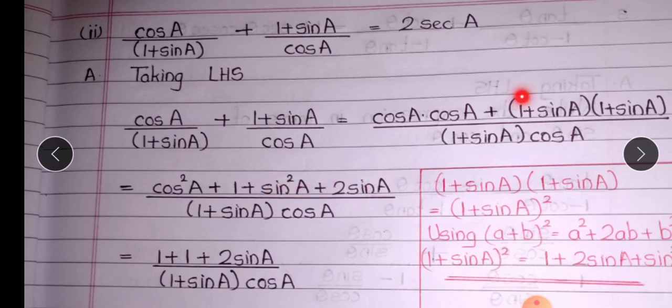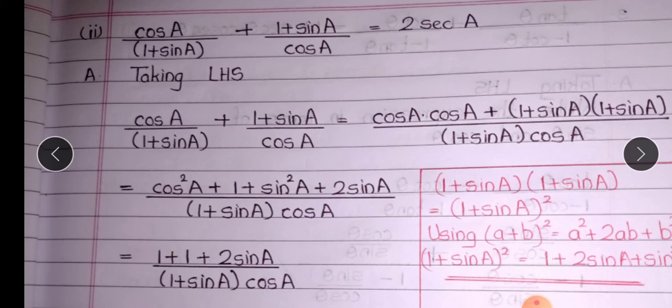Don't get confused by jumping from this step to this step. I have used (A plus B) the whole square is equal to A square plus 2AB plus B square. Now, can you see cos square A plus sin square A? Yes. What is the identity used here? Cos square A plus sin square A is equal to 1. So, instead of writing cos square A plus sin square A separately, I can just write 1.